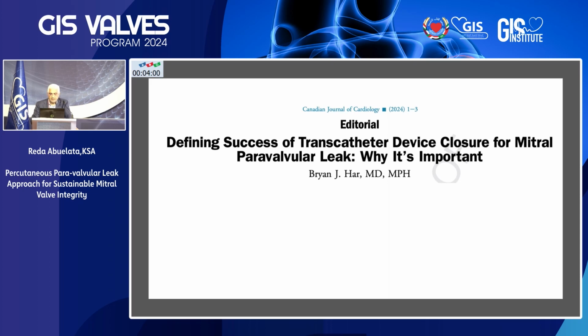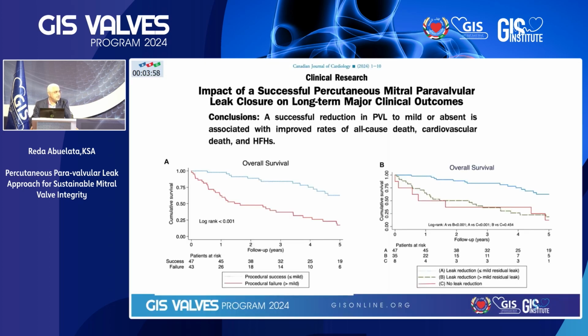We should end up with mild or less, because this is our language: what is the impact of this device closure in the long term? Is there any impact on mortality? Yes, truly, there is a significant reduction in long-term mortality if we end up with mild or less mitral regurgitation.